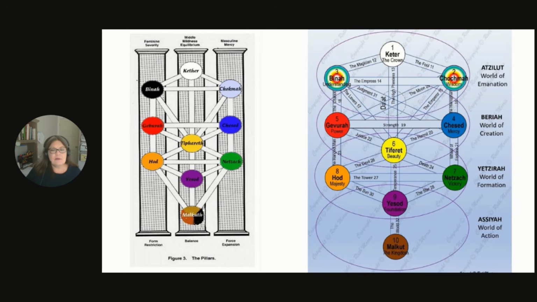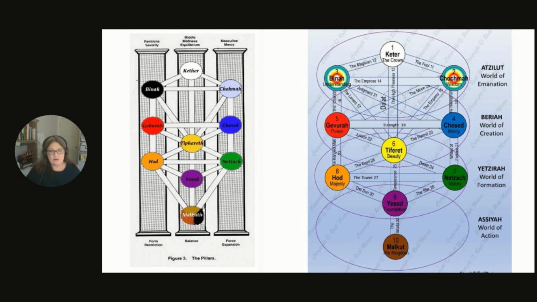And so they manipulate masculine and feminine energy. And so the energy that is contained on that pillar of mercy, the father pillar, is considered to be masculine energy, right?